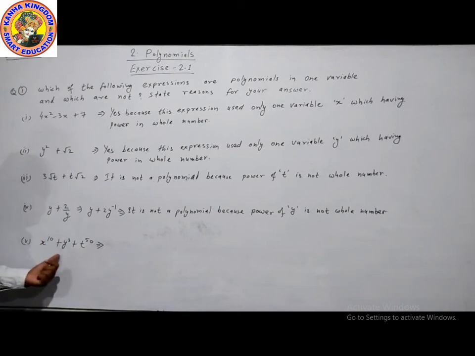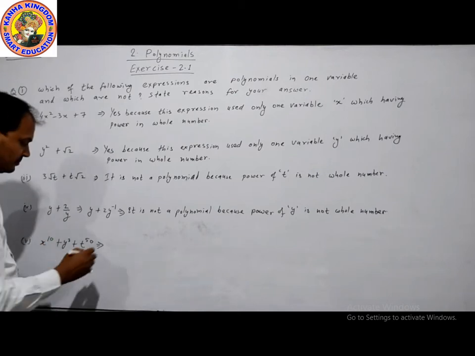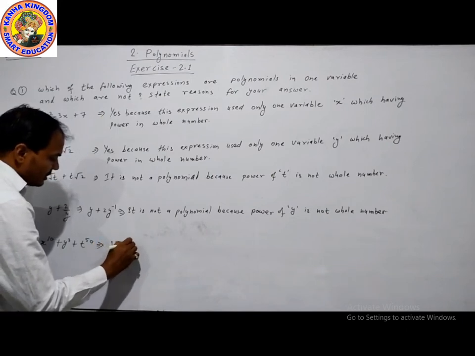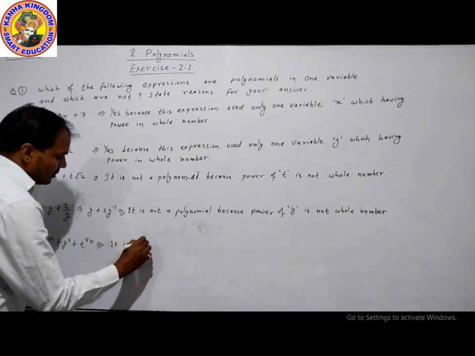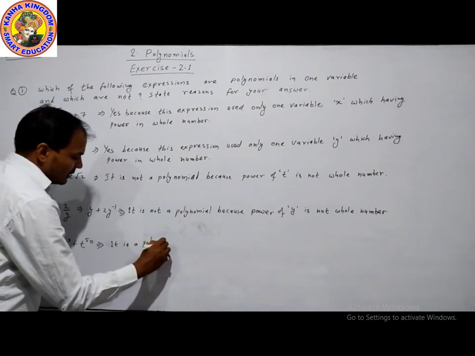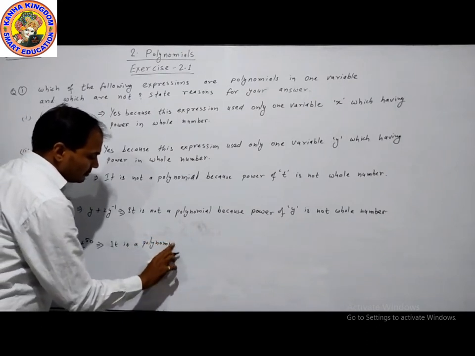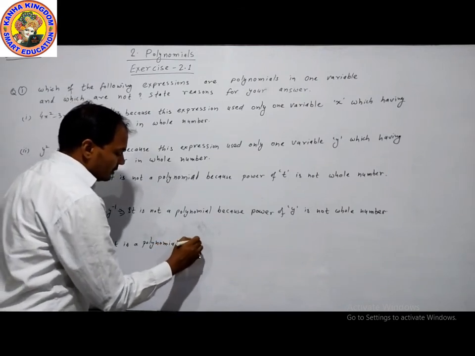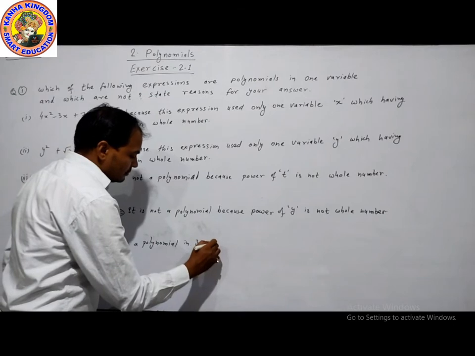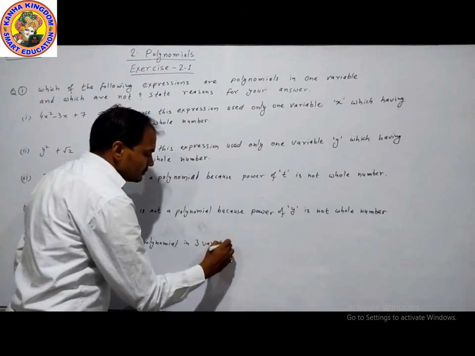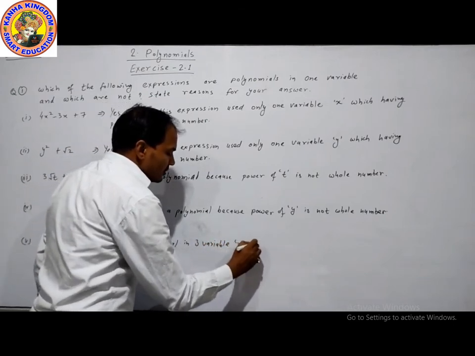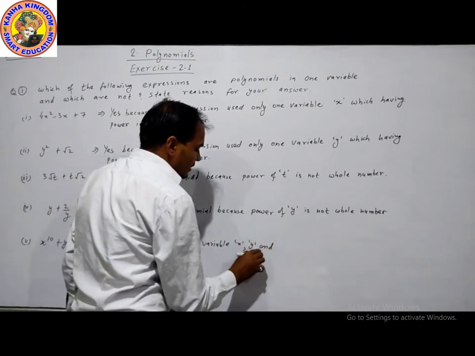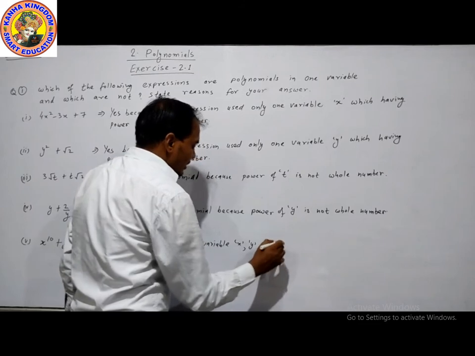This is a polynomial in 3 variables: x, y and t.